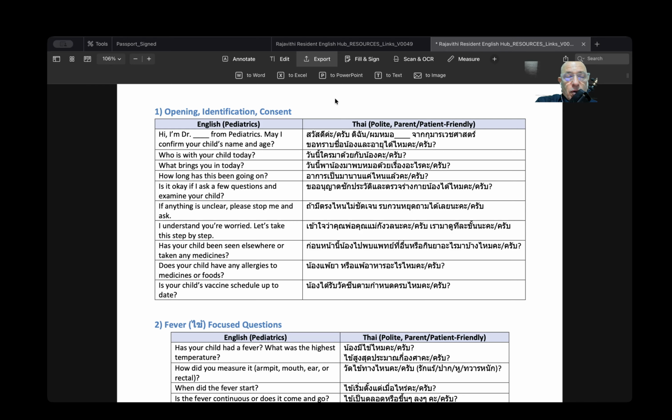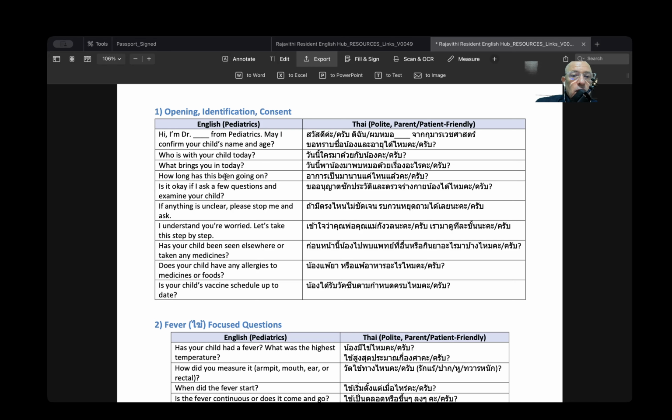And I'm sure there are a few mistakes in there, perhaps. If you see anything outstanding, let me know. I would bet that it's quite accurate and useful. All right, let's just focus on the English. But I think the Thai translation is valuable for you.